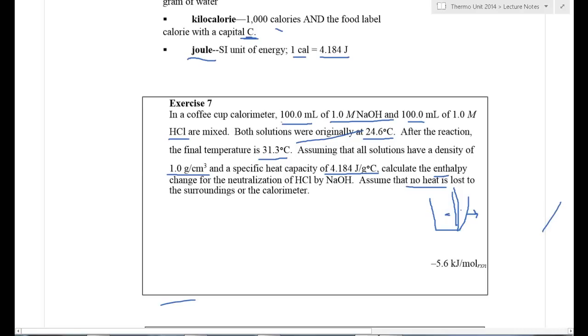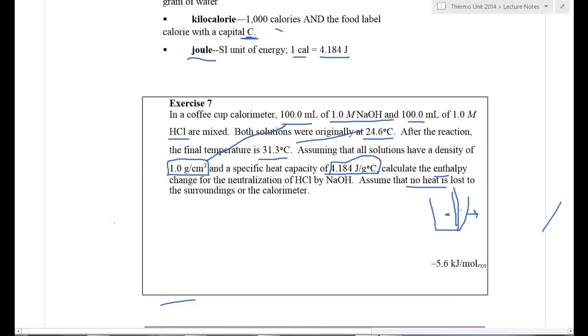Okay? So we're talking about these solutions being predominantly water, which is why we're using the heat capacity of water here. Now, this density information, and again, this is the recognized density of water, allows me to take this 100 milliliters and say, well, okay, that's also 100 grams.